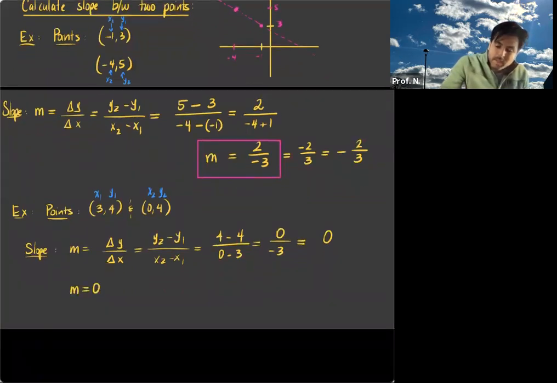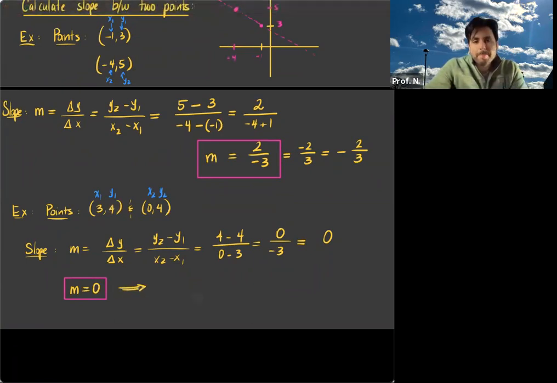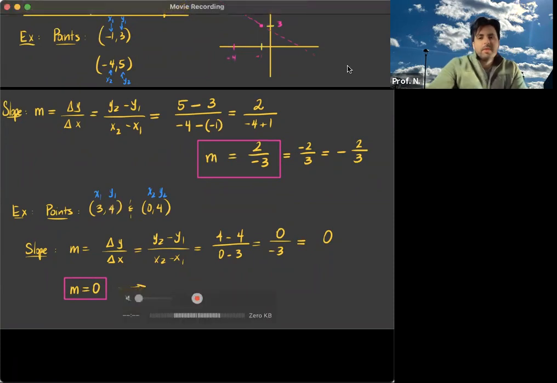And then what can you tell me if my slope is 0? What's true? If I have a slope equal to 0, what kind of line would connect (3, 4) and (0, 4)? Remember, if I have a slope equal to 0, what would be the line?